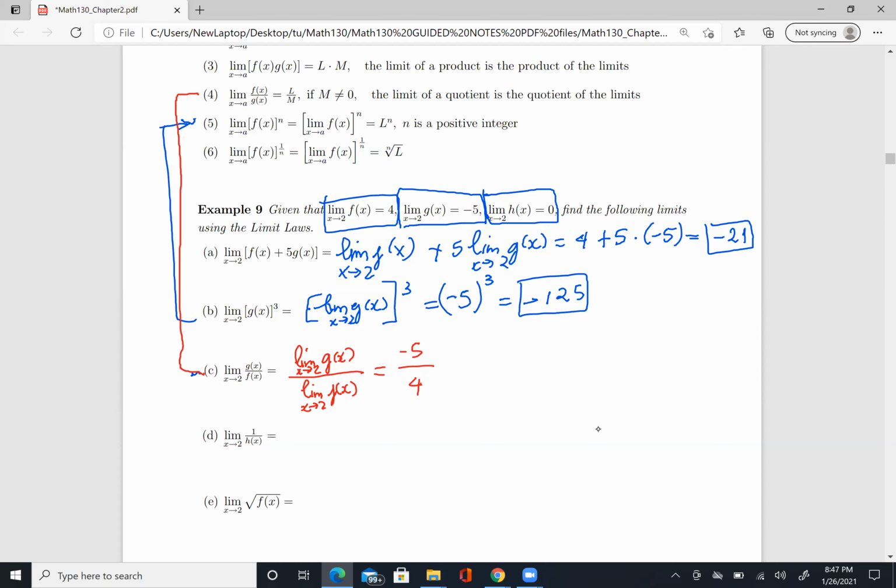So that will give me negative 5 over 4 as the answer. Note that the limit of f(x) here is not equal to 0, because it's equal to 4, so that doesn't make this undefined.